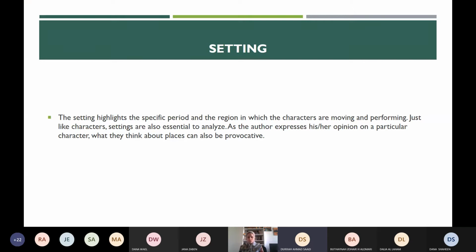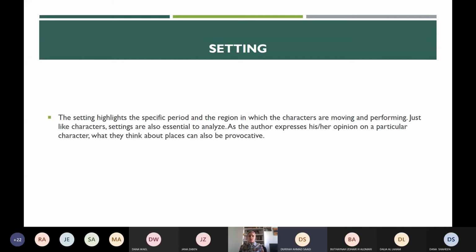Because maybe the story happened years ago, so the author should mention some historical events that happened at that time. So the author expresses his or her opinion on a particular character, and about the place and about the timing too.